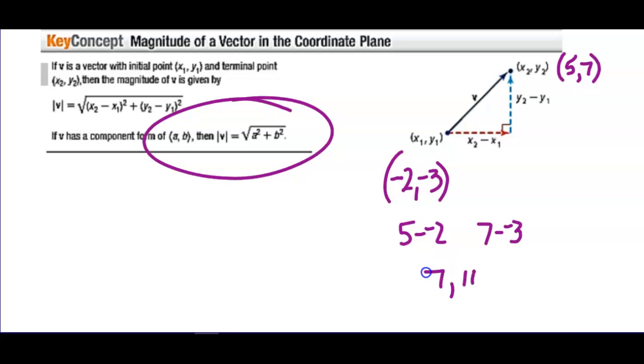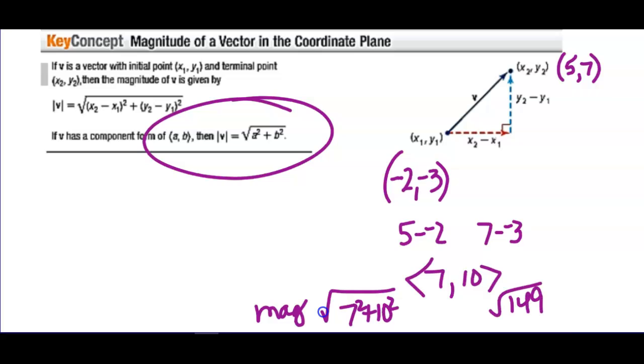I would have 7, 10 as the components of this vector, and then the magnitude or length, if it went over 7 and up 10, would be the square root of 7 squared plus 10 squared, or the square root of 149. Okay, that's the magnitude.